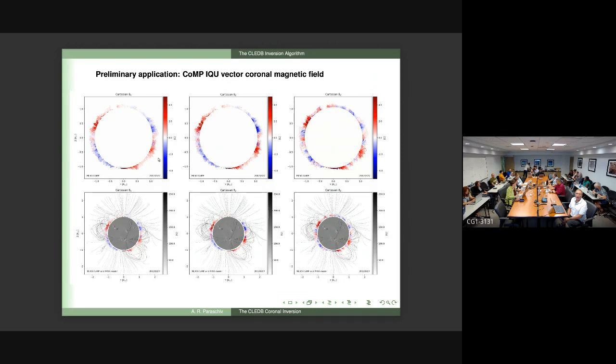So this is, for example, one of those 2 degenerate solutions, projected into a Cartesian plane in Bx, By, Bz from CoMP, and compared with some extrapolations, where both the polarities and the field strength match the foot points of these fields that are crossing through your line of sight.